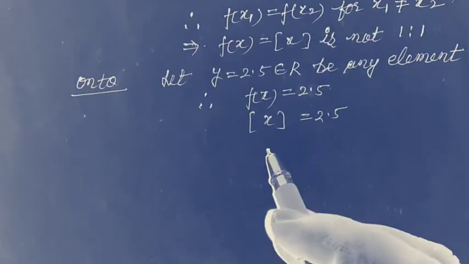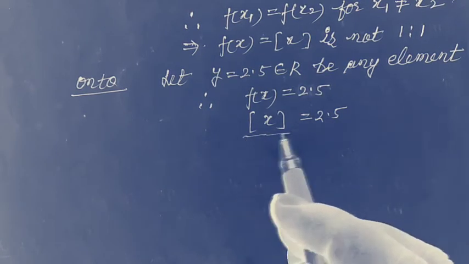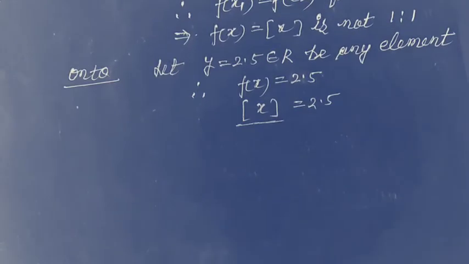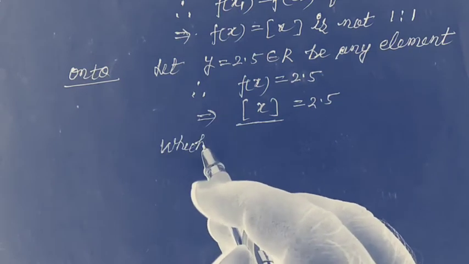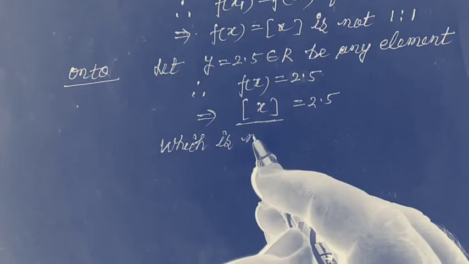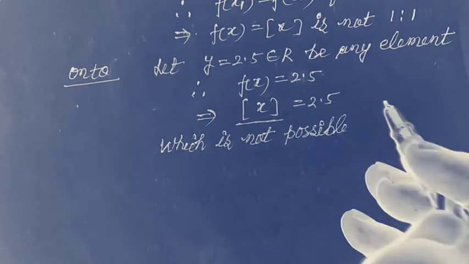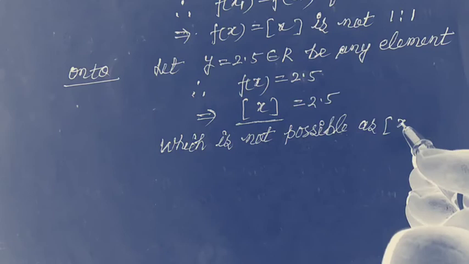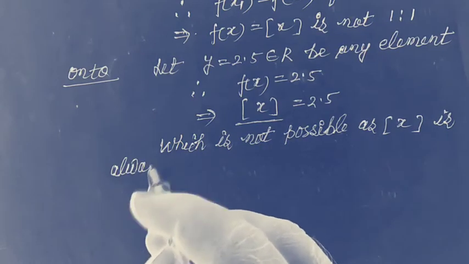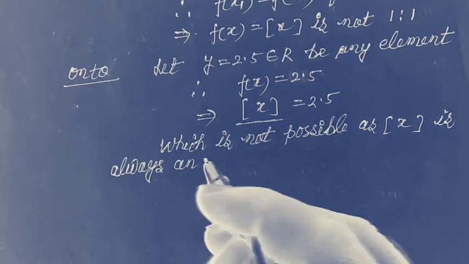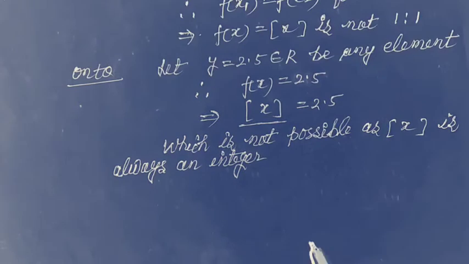So you can see the value can never be 2.5 for any greatest integer function, which is not possible, as [x] is always an integer, isn't it?